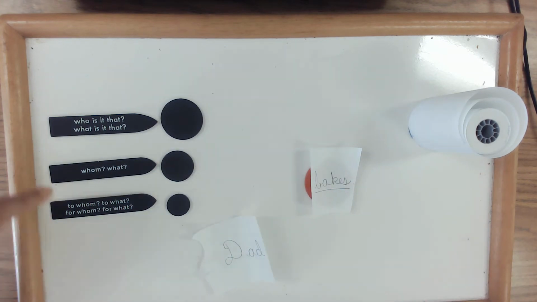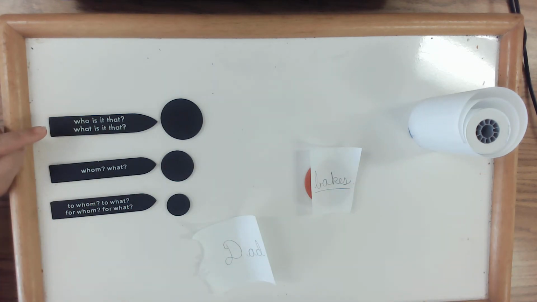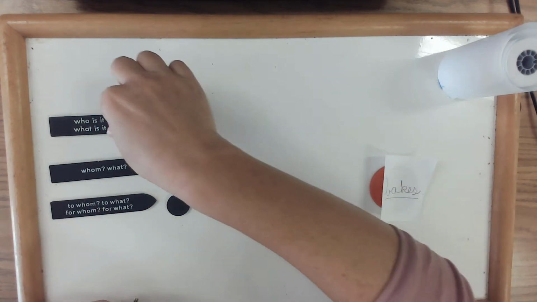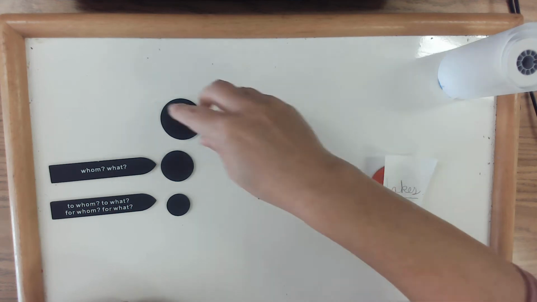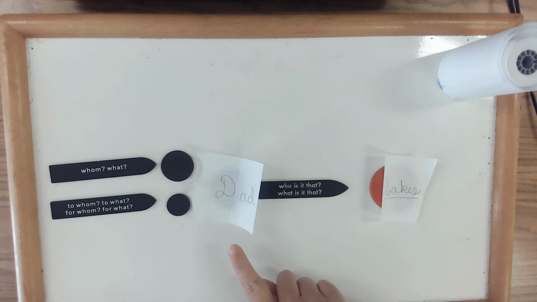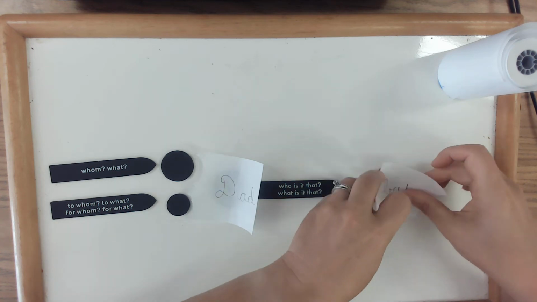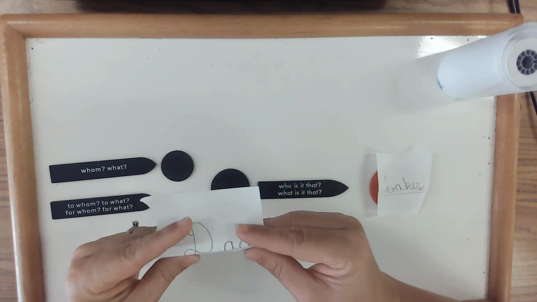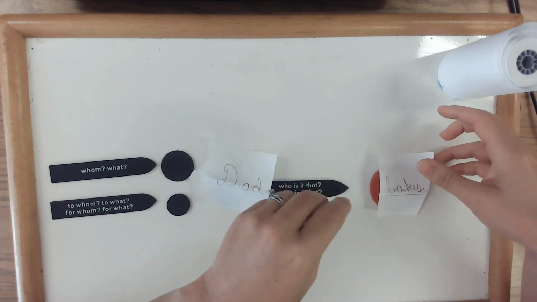Now I ask myself, who is it that bakes? Well, it's Dad. Dad bakes. So I pull this arrow down and the circle that goes with it, and I have Dad bakes. Now, bakes is the main verb in the sentence, and we know that that is called the predicate.